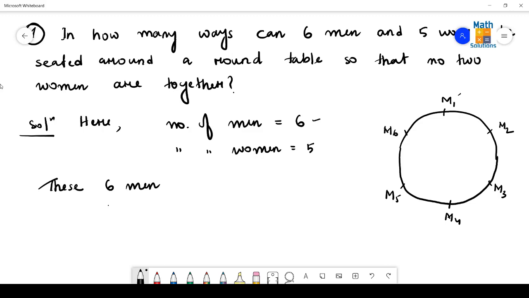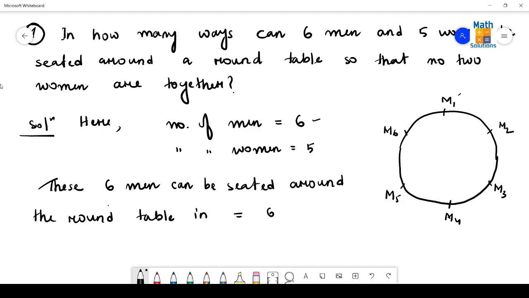So these 6 men can be seated around the round table in 6 minus 1 factorial ways, and that will be 5 factorial ways.